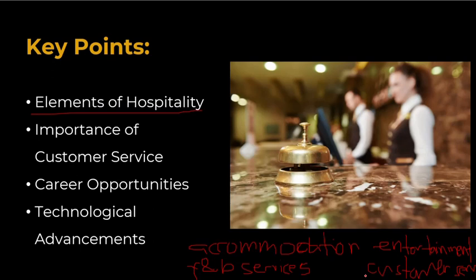For example, they want to ask for a flat iron for their shirts or for their dress, or laundry services. So we have this kind of customer service or assistance to the guest. It is also important. So these are, again, the elements of hospitality.